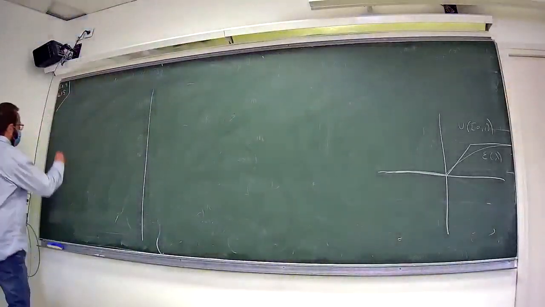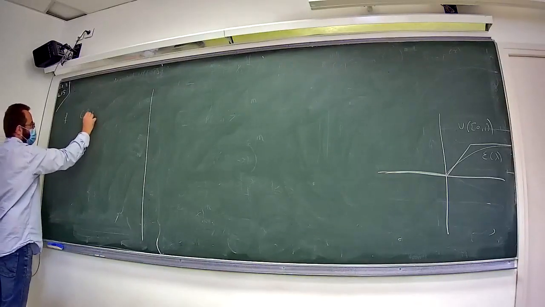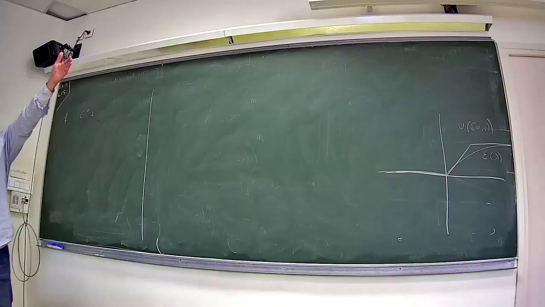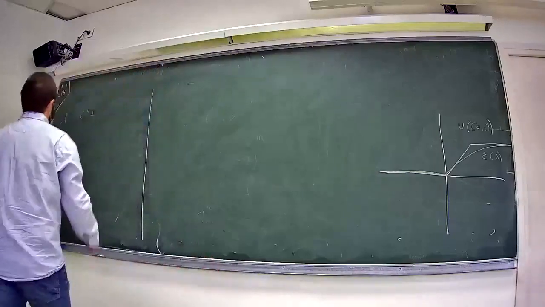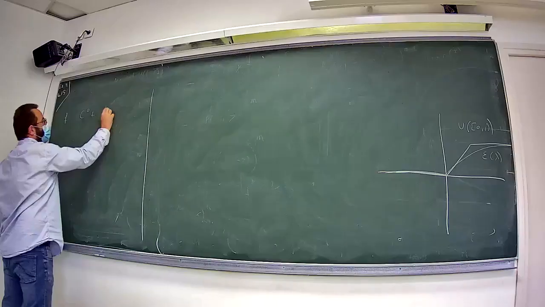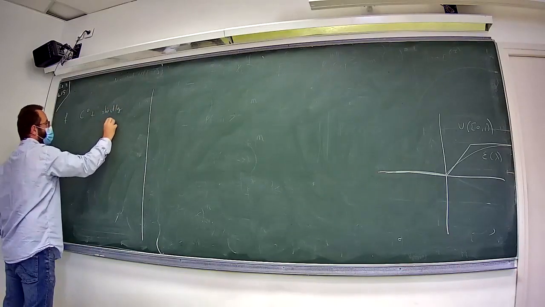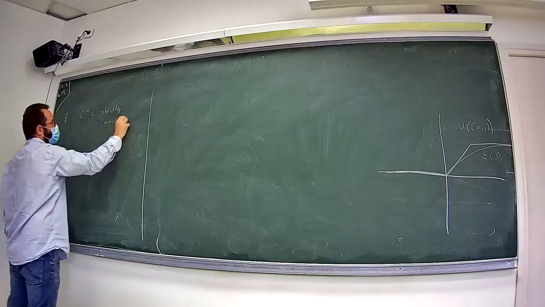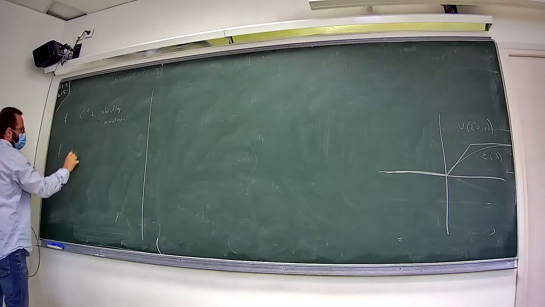Okay? So when you have a mapping f that is continuous plus, here I write strictly increasing, but strictly monotonic will work, okay? Then f is bijective.